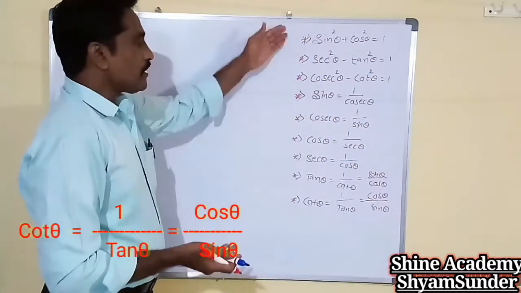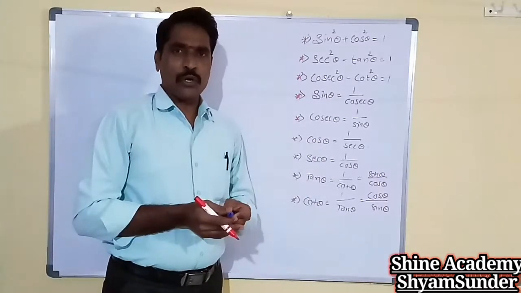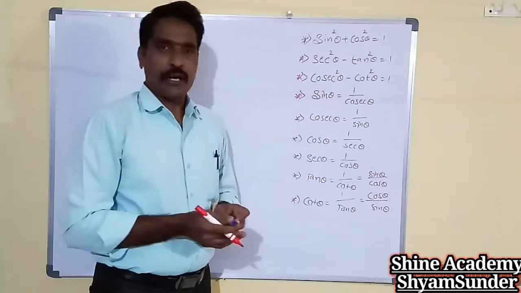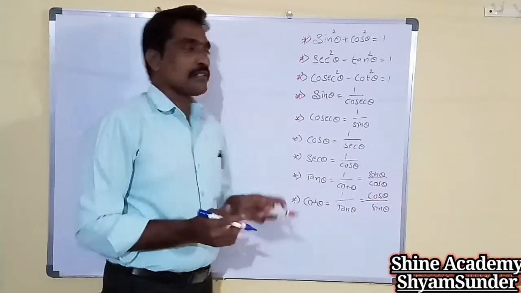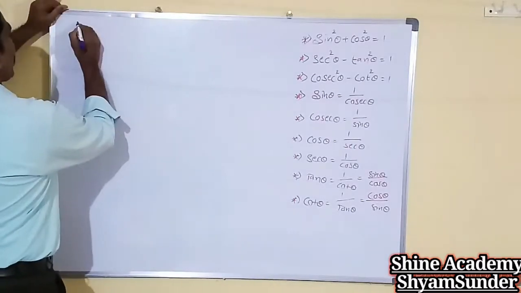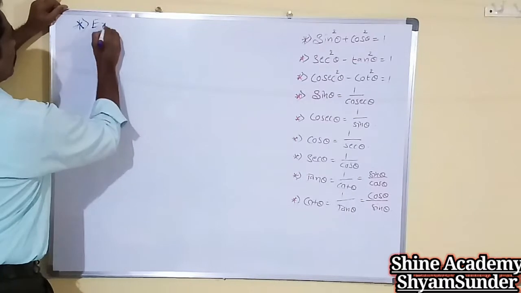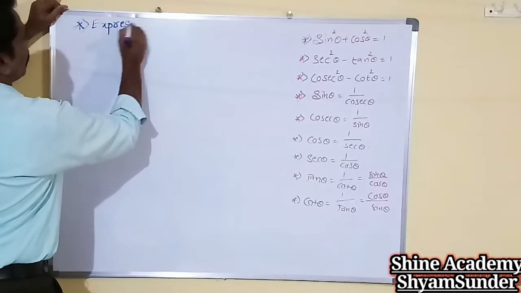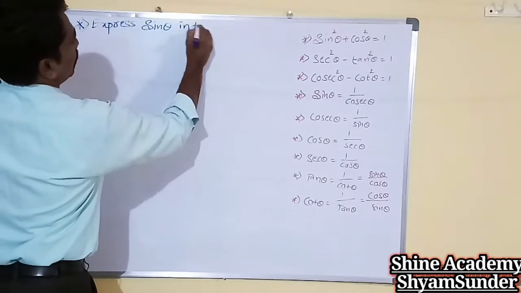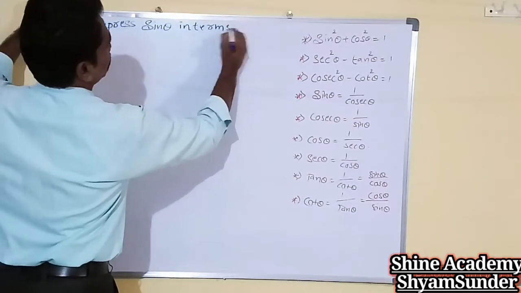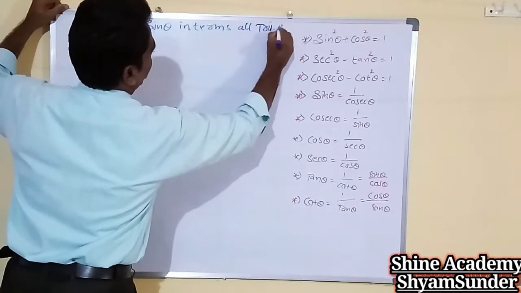With the help of these, we can express any trigonometric ratio in terms of all the remaining trigonometric ratios. For example, our question is: express sin theta in terms of all trigonometric ratios.